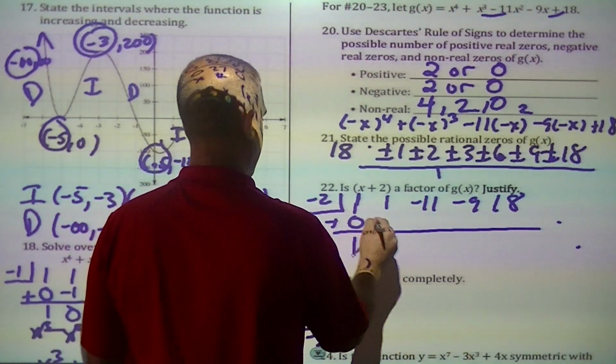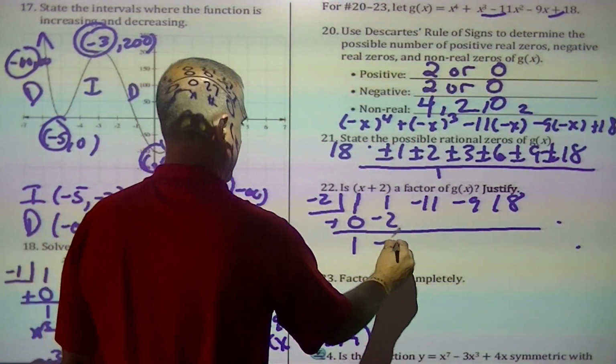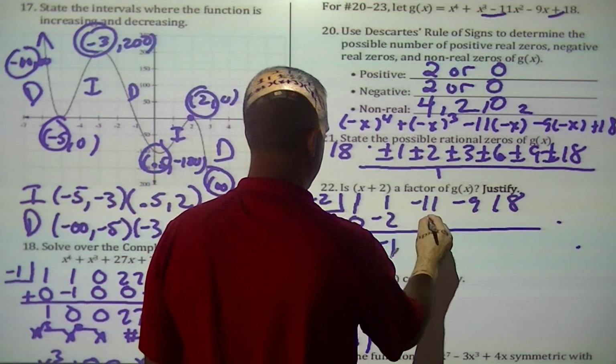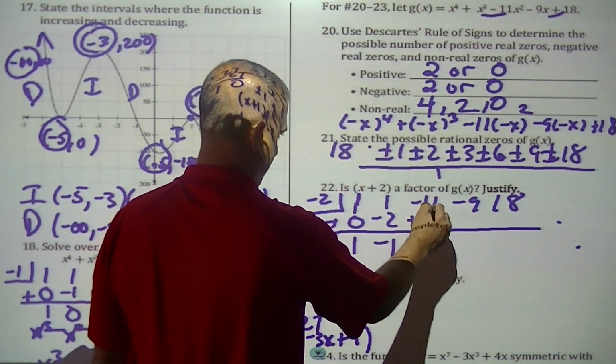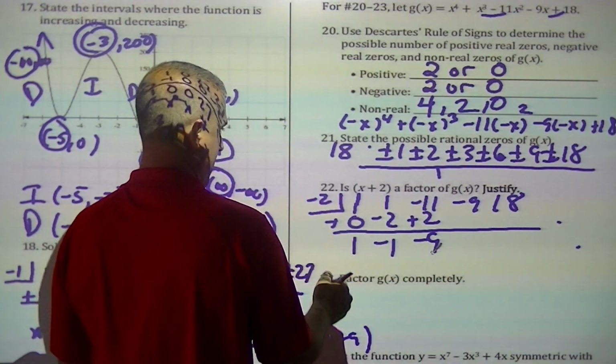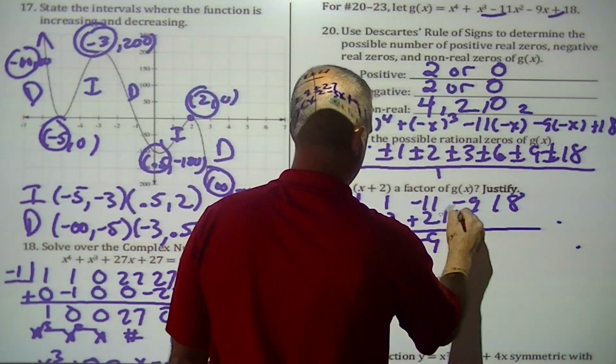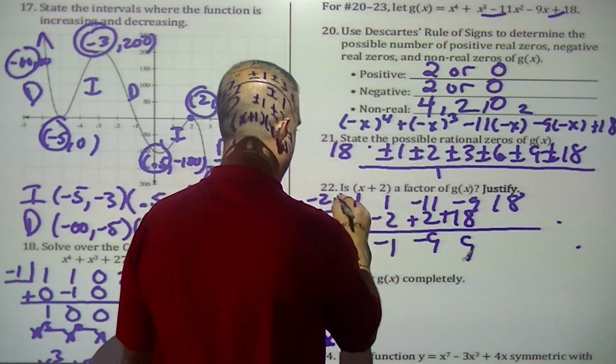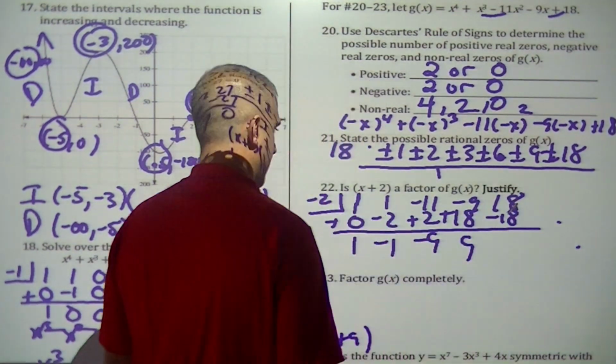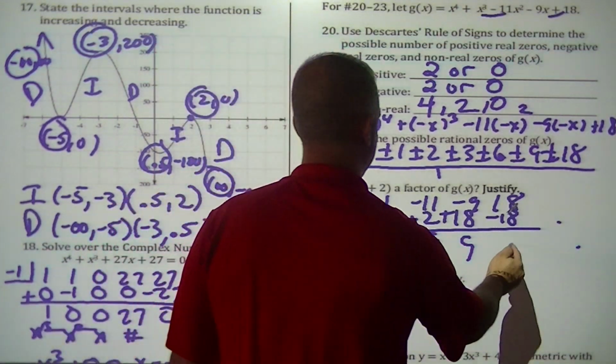So that's 1, that would be -2, 1 minus 2 would be -1, -1 times -2 would be 2, -11 plus 2 would be -9, -9 times that would be 18. -9 plus 18 would be 9. 9 times that is -18. So what I got is 0.